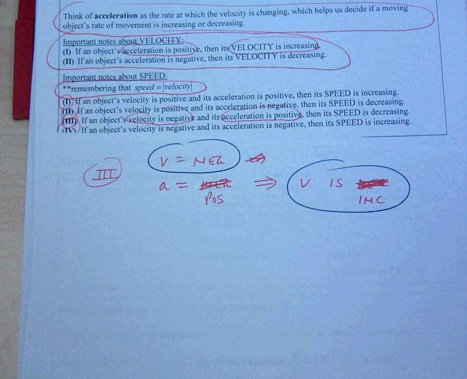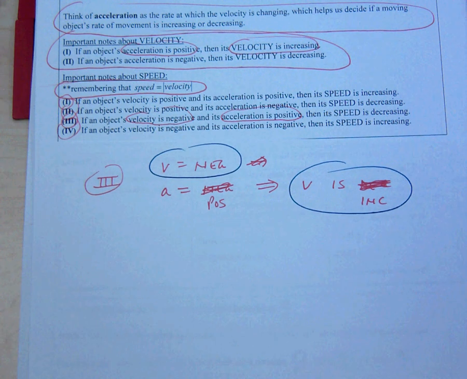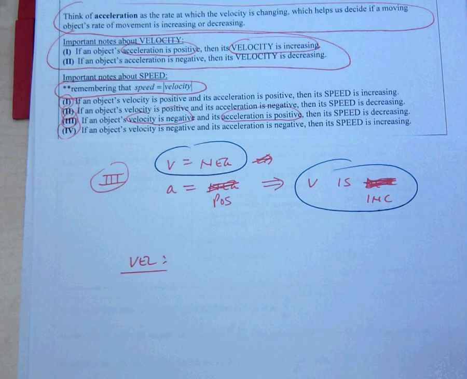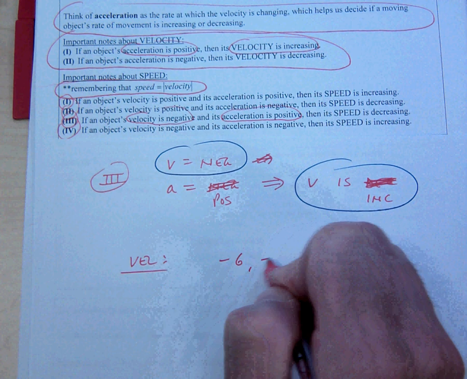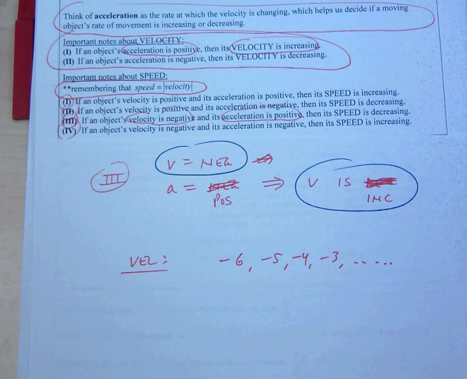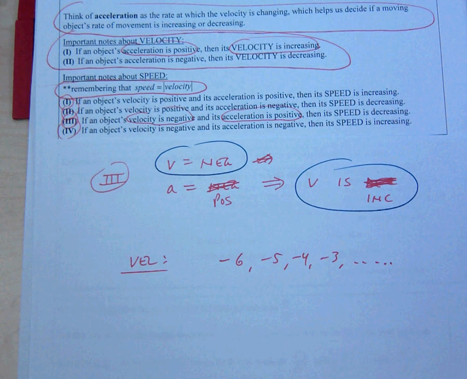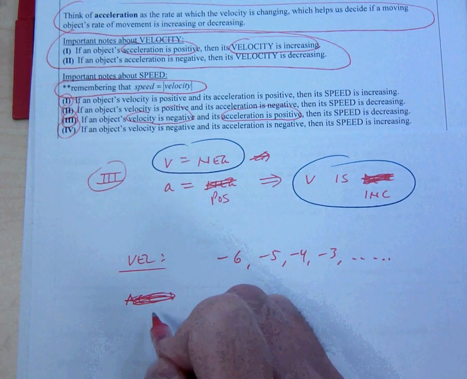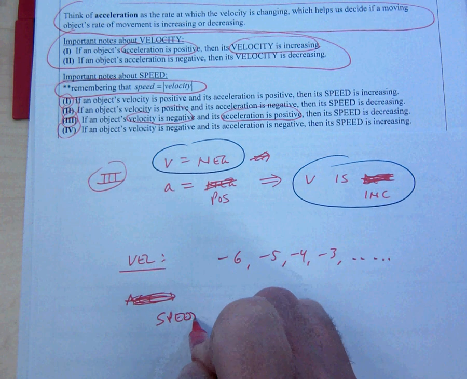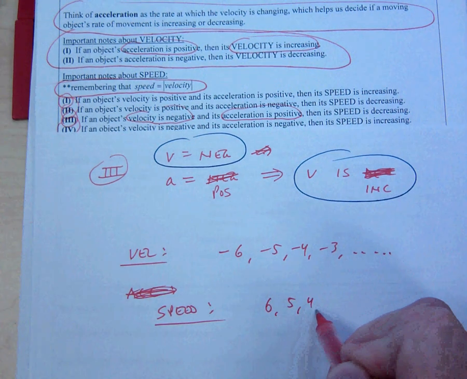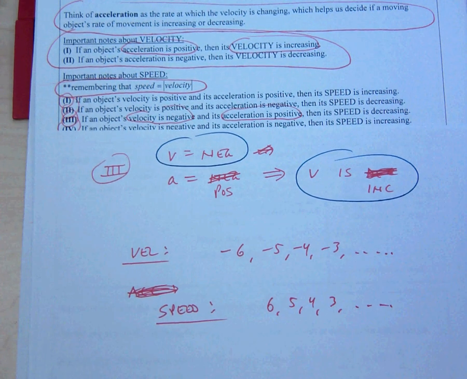So if you have velocities that are negative and increasing, think about the number line. Aren't those increasing on a number line? And what happens when you take the absolute value of those to get the speed? The speed is the absolute value of velocity, isn't it? You get 6, 5, 4, 3, and so on. So the speed is decreasing.